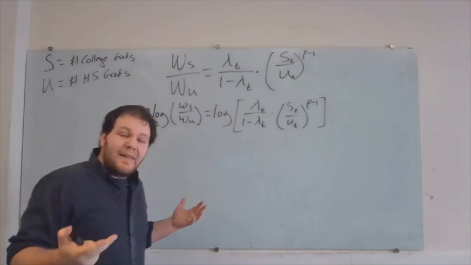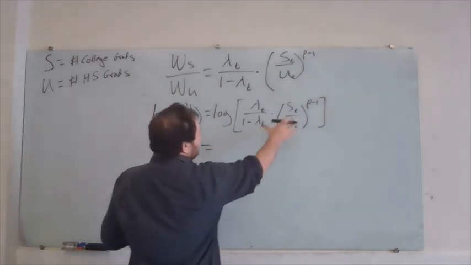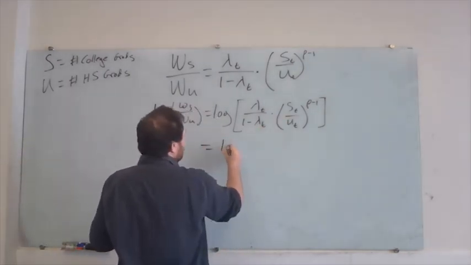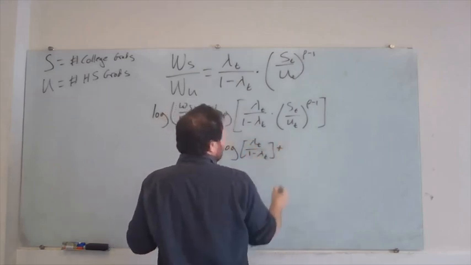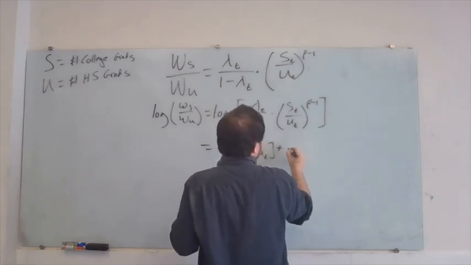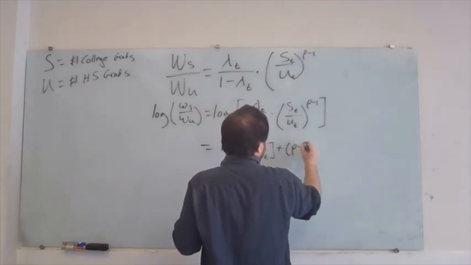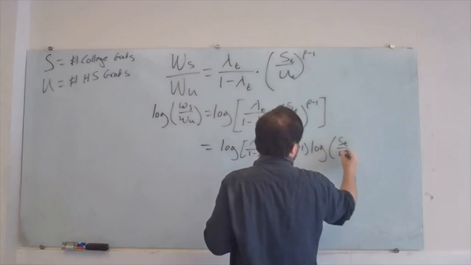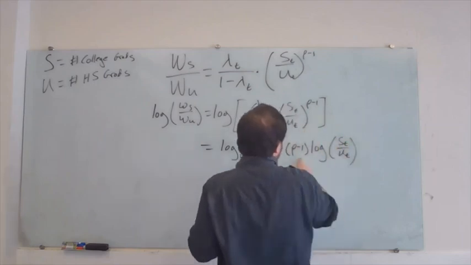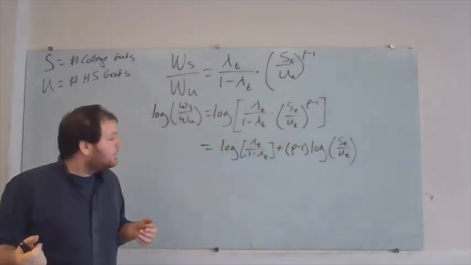Now, because of the way logs are constructed, we can break this apart. So we can say log lambda t over 1 minus lambda t plus rho minus 1 times log st over ut. Right? We can bring exponents down and multiply, another log rule.